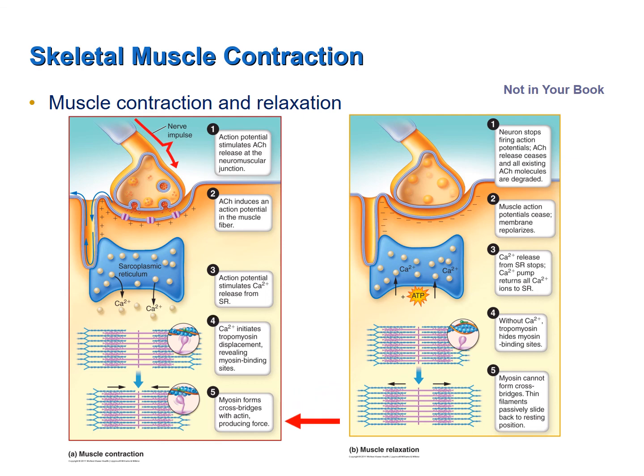When they form cross bridges, they pivot, causing the power stroke. If ATP is available, they release and reposition, and as long as calcium is still being released by the sarcoplasmic reticulum, they can form additional cross bridges and muscle contraction continues.